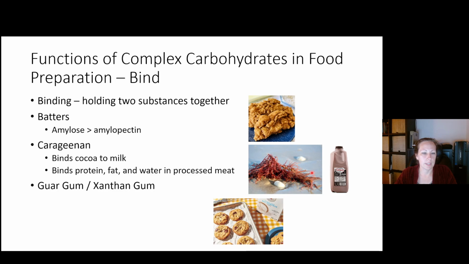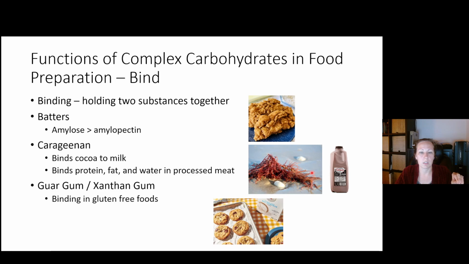Then xanthan gum, also a good binder. You'll see these used a lot in gluten-free food. So if you get a gluten-free cake mix from the store, if you look at those ingredients, there's usually going to be some kind of gum in there.